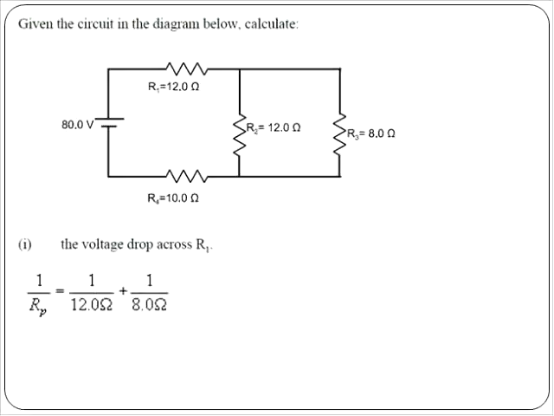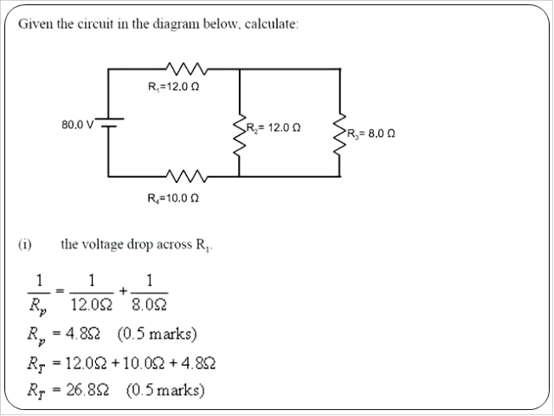So we do the parallel part first, which is 1 over 12 plus 1 over 8. That gives us a parallel resistance of 4.8 ohms, and you can see the marks that were assigned to each part of this. Then the rest is just series, R1 plus R parallel plus R4. So the total is 26.8. There's your total resistance. Now once you know the total resistance, you can find the current.